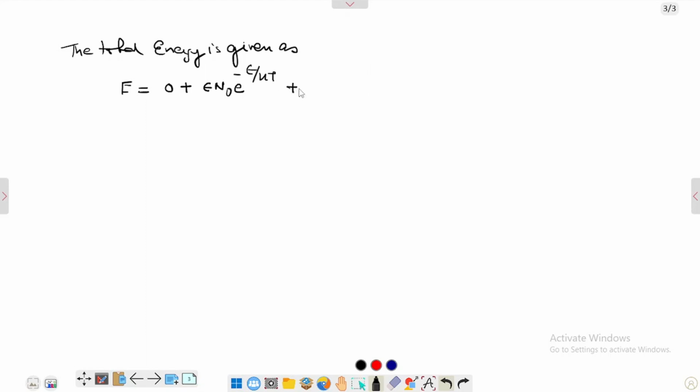After that, what I got? 2 epsilon N0 e to the power minus epsilon by kT plus 3 epsilon N0 e to the power minus epsilon by kT, and it goes on.